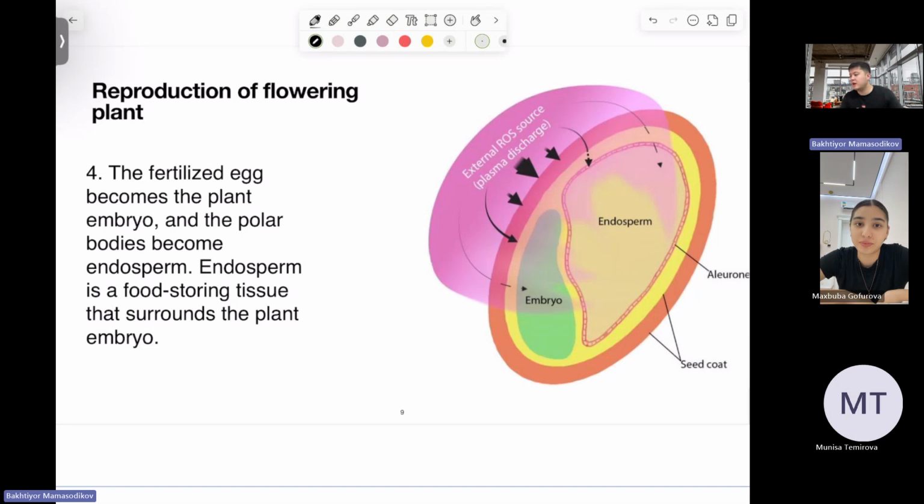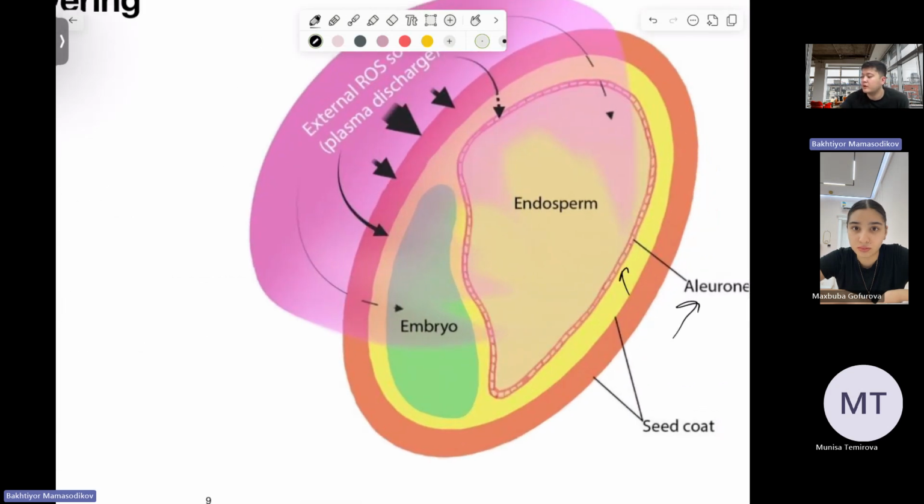Aleurone layer. What is it? This layer is nutrient processing outer layer of the endosperm. Seed coat. This is the protective outer layer. It keeps the embryo and endosperm safe. So what's embryo?